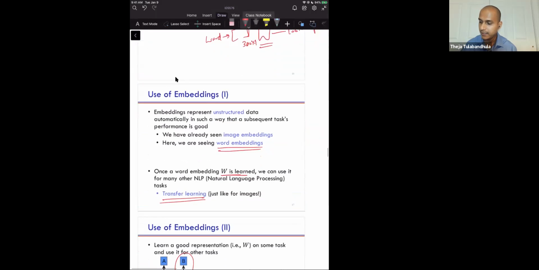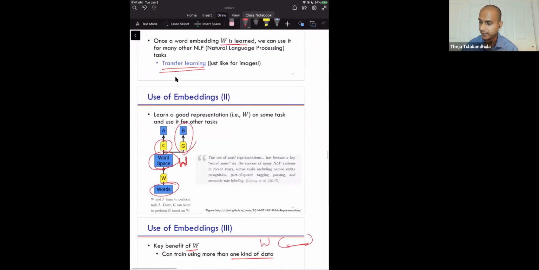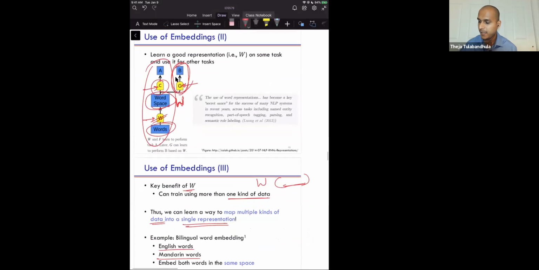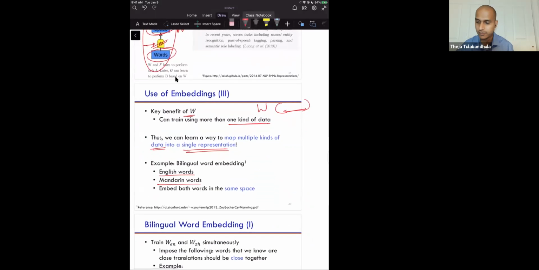And in a diagram, this is the original task where you learn W, and you can use it for a different task G. So C is the classification task, W is your embedding, and G is your second task that you want to carry out. It could be a different classification task, for example. And so that's one use of embeddings.